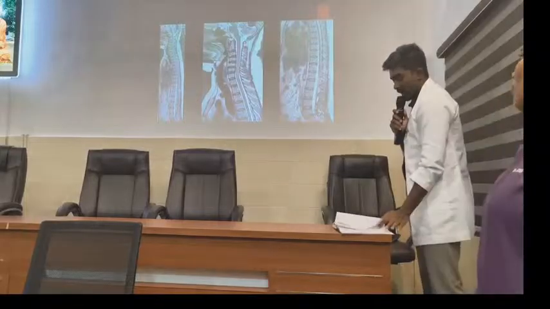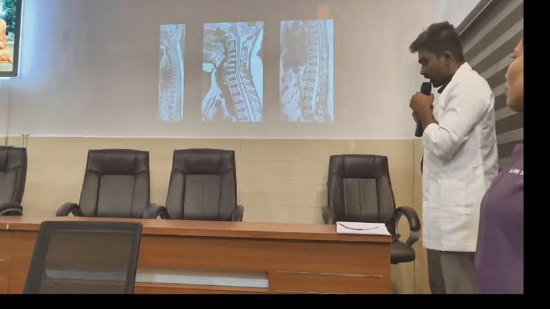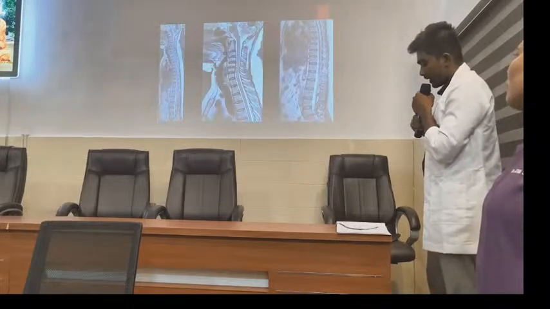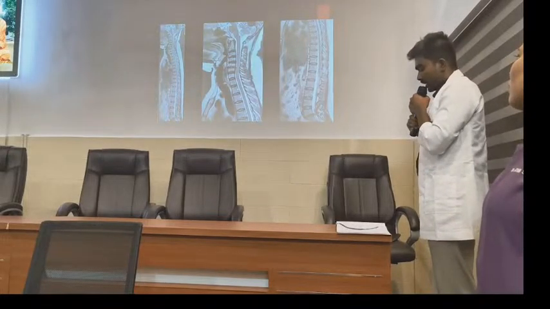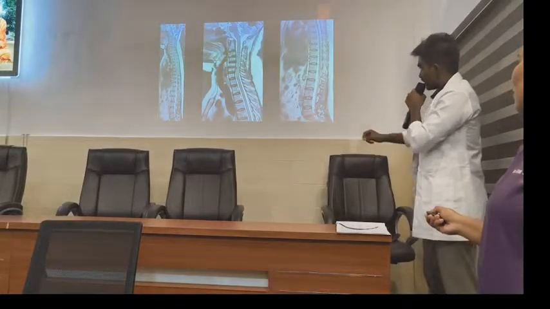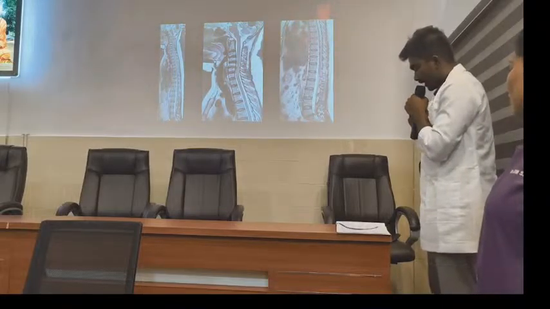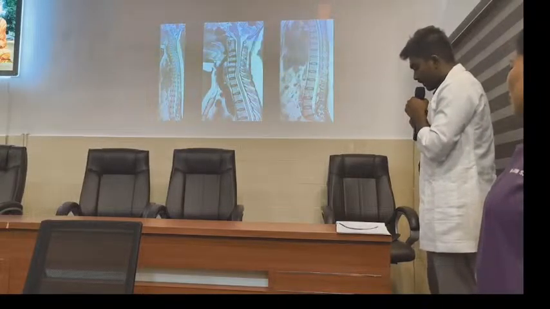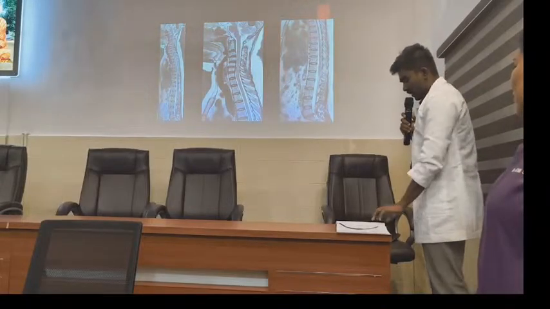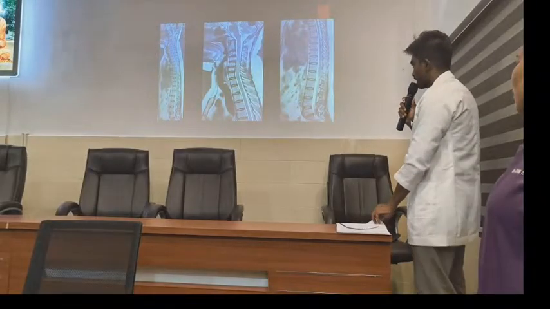Now coming to the lumbar area, there is also partial loss of the physiological lumbar lordosis, and there is a protrusion at the L5 to S1 level, that is this level. Here also the size is 3 mm in depth, affecting the left side of the exiting nerve root, which correlates to the left leg pain and other sensory symptoms.